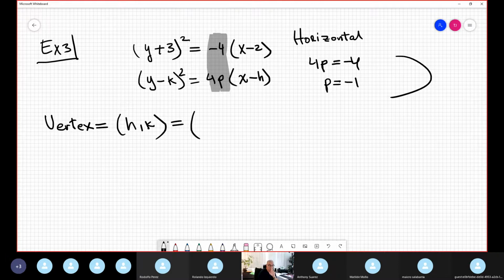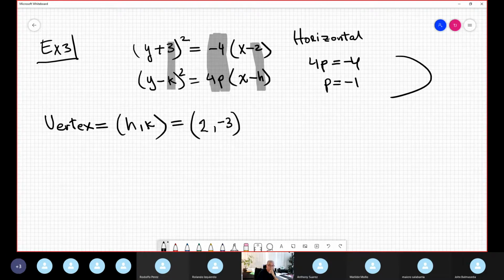Compare this and that. h is 2. Positive 2 or negative 2? Positive. And k? k is negative 3. Absolutely perfect. Everyone follow me, guys?